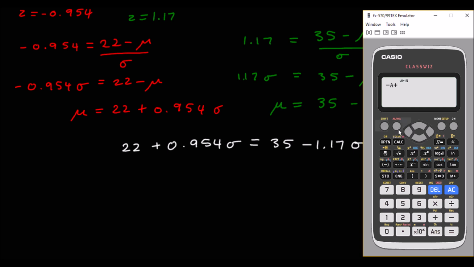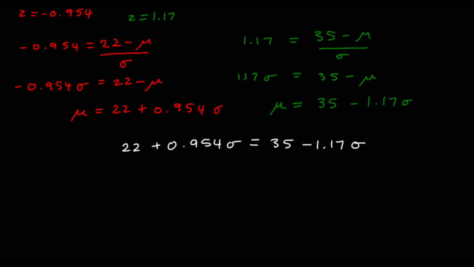Negative A plus B gives me 2.13. So I've got 2.13 standard deviation. I'm going to subtract 22 from both sides, which will give me 13.